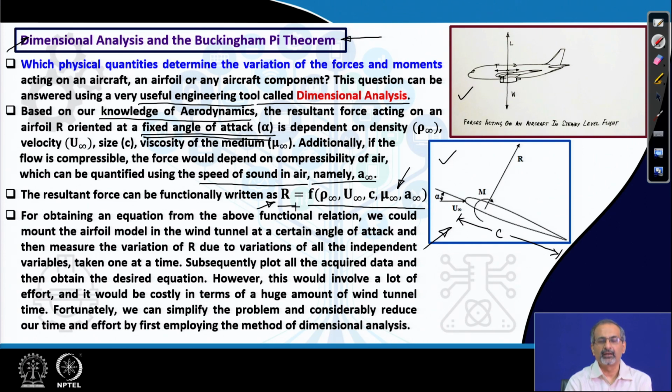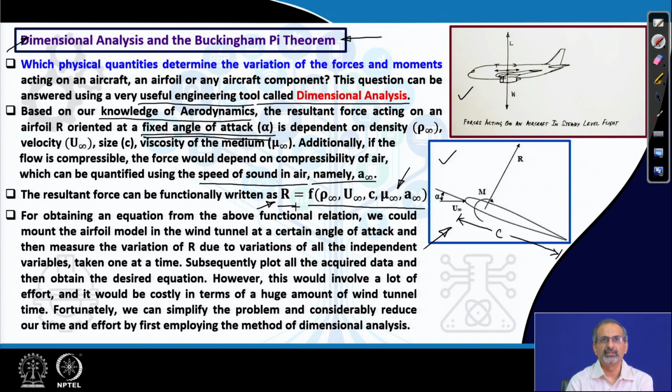You will get a lot of plots generated through the acquired data, and then hopefully you will be able to obtain the desired equation which connects the independent and dependent variables. However, this will involve a lot of effort, a lot of time and a huge amount of wind tunnel experiments, which involves both cost and time.